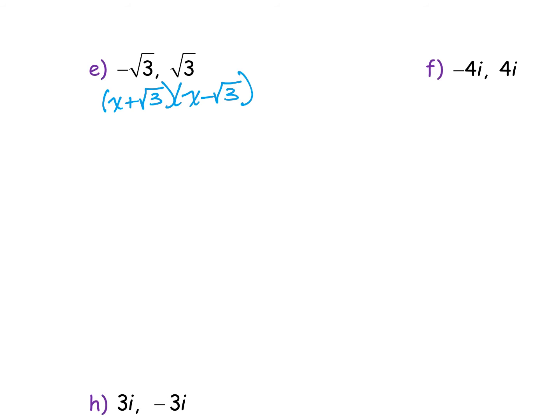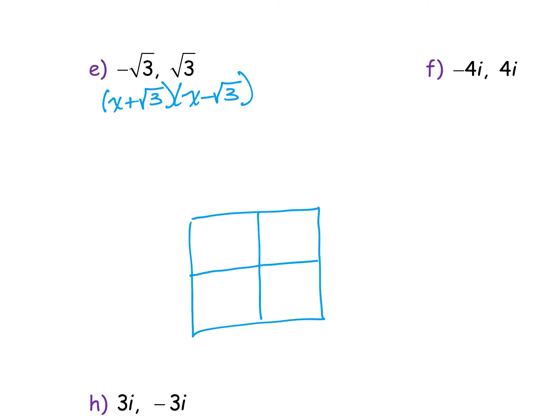And then on this one, I decided to use the box to multiply this out because it's got those square roots in there. So I've got x plus the square root of 3 and x minus the square root of 3. If I multiply this out, I get x times x is x squared. And I've got x square root of 3 and negative x square root of 3.